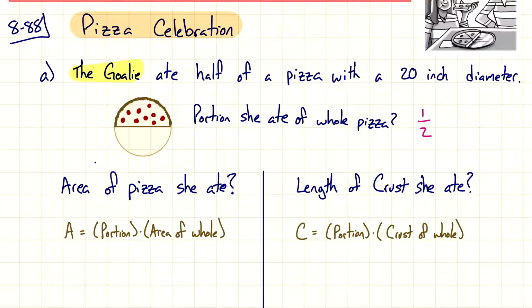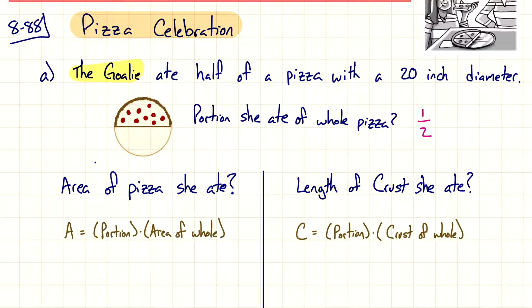And on the same note, we're going to do the same thing if we want to know the length of crust she ate. All right, so the crust being on the outside, right? Crust is on the outside, which, if you remember, the outside represents our circumference.